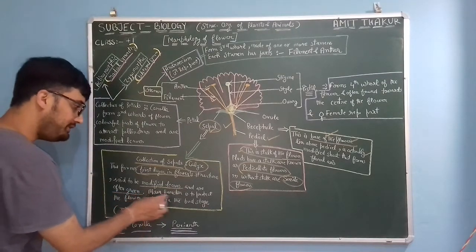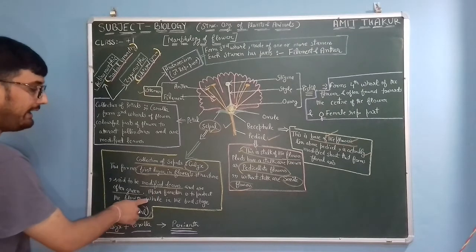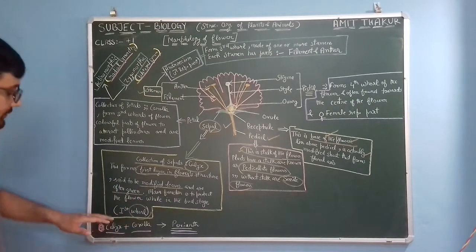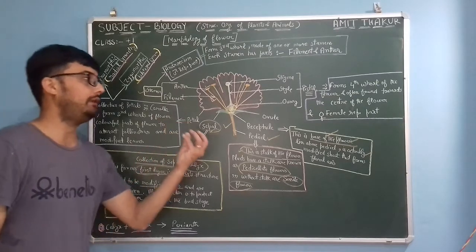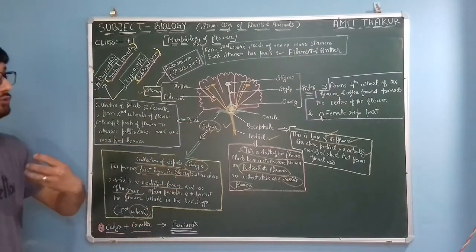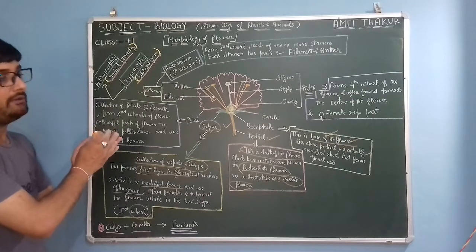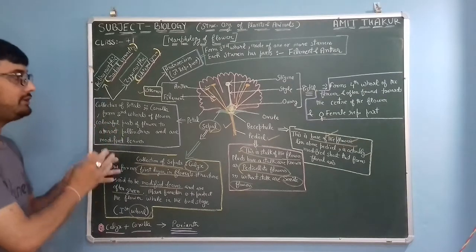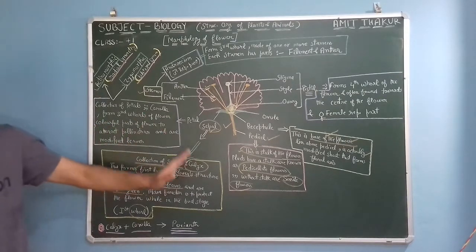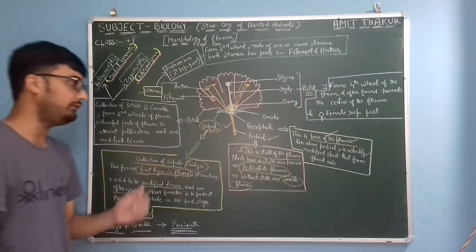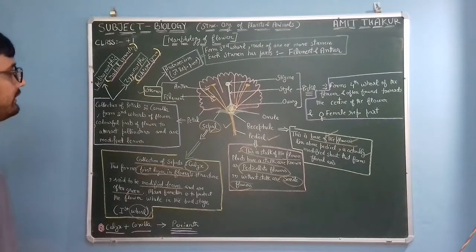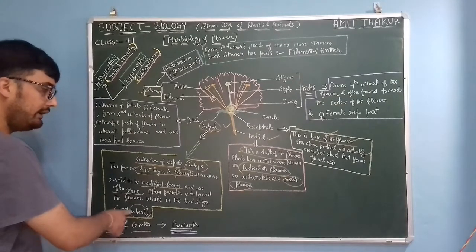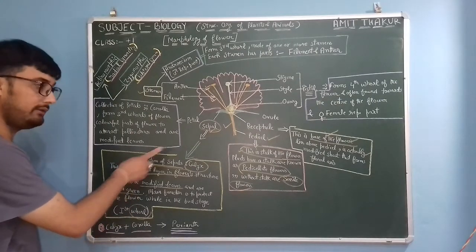Their main function is to protect the flower while in the bud stage, and this forms the first whorl. जब वो बड स्टेज में होता है फ्लावर, जब वो फ्लावर डेवलप होना शुरू होता है, फ्रॉम दैट टाइम दिस स्ट्रक्चर प्रोवाइड्स सपोर्ट एंड प्रोटेक्शन टू द ग्रोइंग फ्लावर और दिस ग्रोइंग बड which would change into flower later.